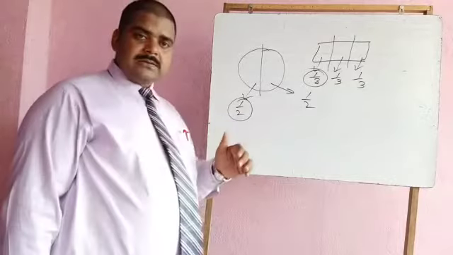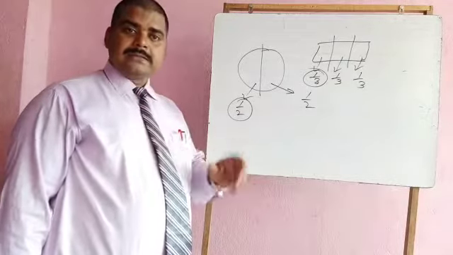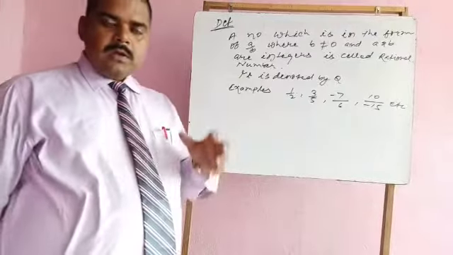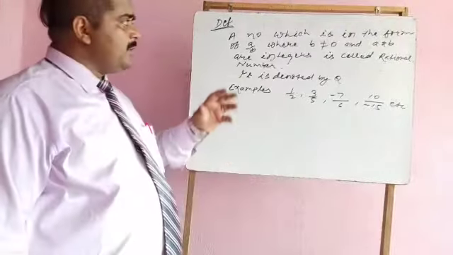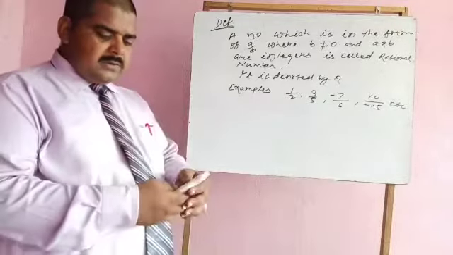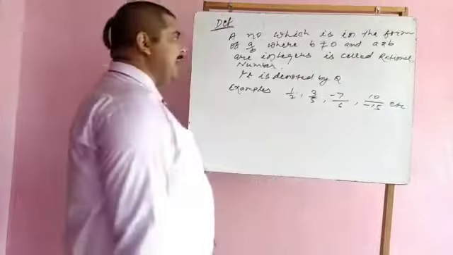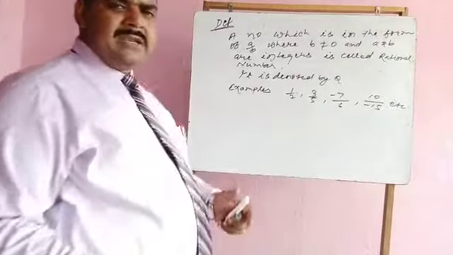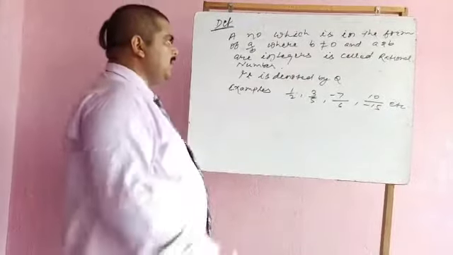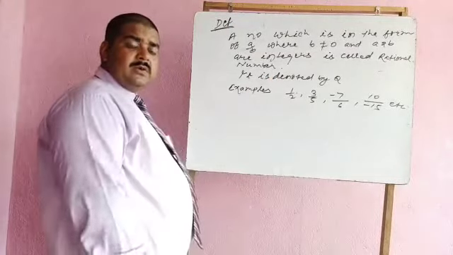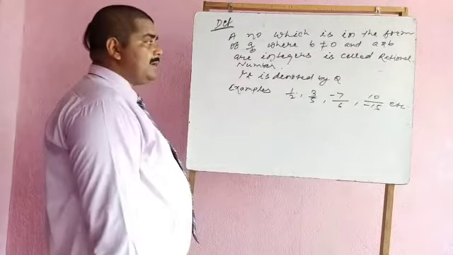Now let's discuss the definition of a rational number. You know that it is a number in the form of a upon b. In some books it is written as p upon q, no problem, but I have just taken a upon b, where b does not equal 0 and a and b both are integers.